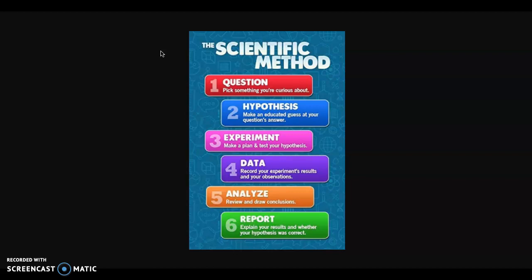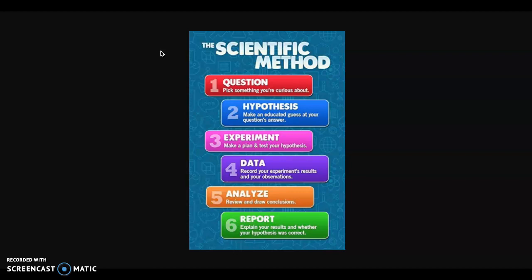And we're going to use this tutorial to introduce us to the scientific method, which is the process that all scientists go through when they are conducting and writing about experiments. And we're going to use this method in class over the next couple of weeks as we conduct some of our own experiments.